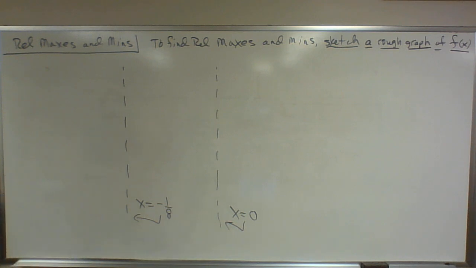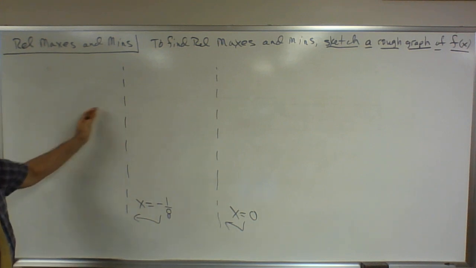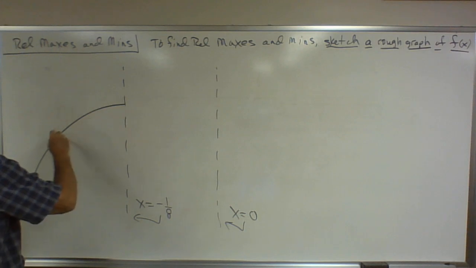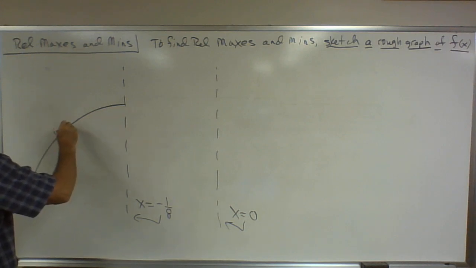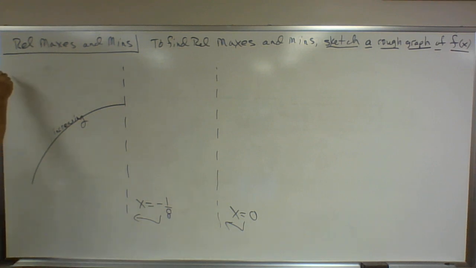And we know that from negative infinity to negative 1/8 on the x-axis, f of x is increasing. So to the left of x equal negative 1/8, f of x is increasing, which means it goes uphill.